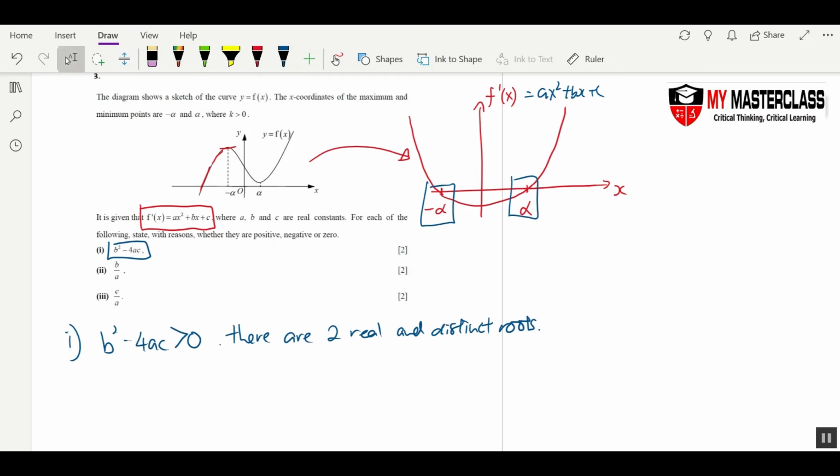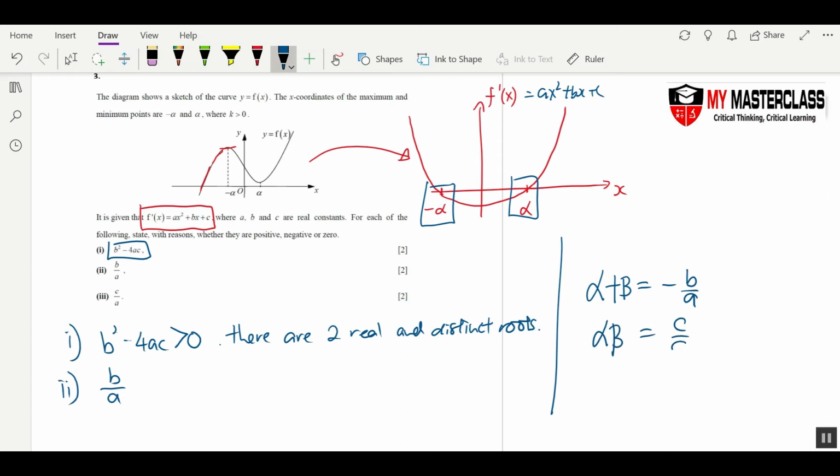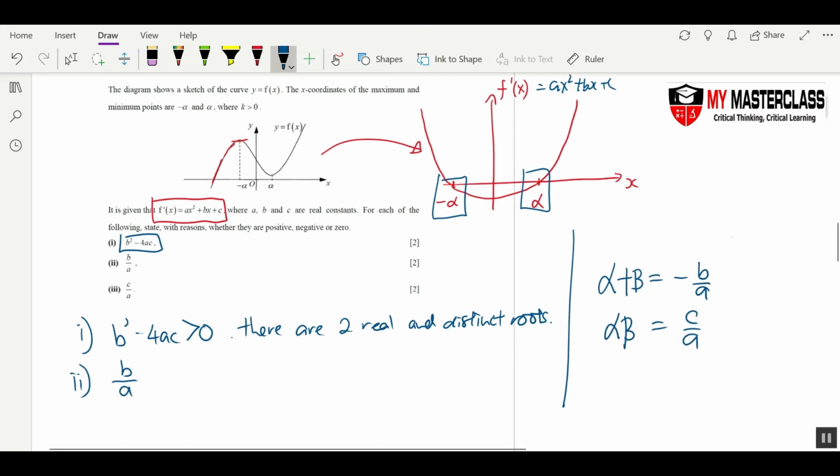Next one. b over a. Where do you see this before? It's like a differentiation question can link with this. Can. Then you look at the next one: c over a. b over a, c over a. It's the sum and product of roots, remember? Yes. Alpha plus beta is the sum of roots, which is equal to negative b over a, and then alpha beta is equal to c over a.